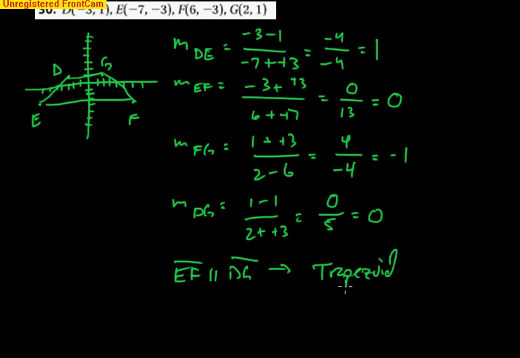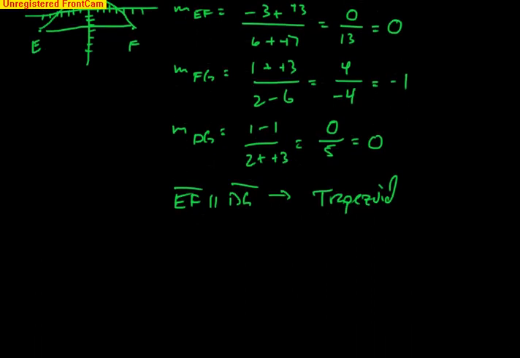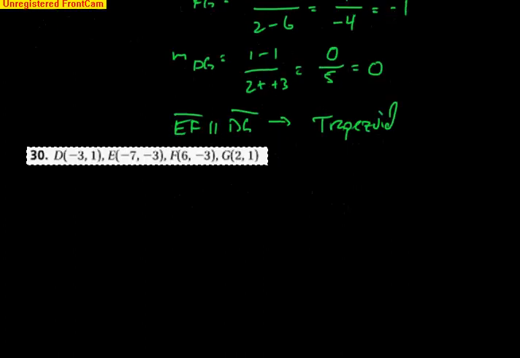But let's check to see if we are an isosceles trapezoid, right? Let's check the legs. That would be DE and GF. So I need to bring those numbers down. Okay, so I brought my numbers down, and again, I'm testing the legs, which are DE and GF.